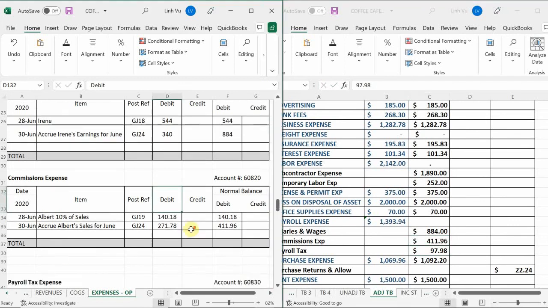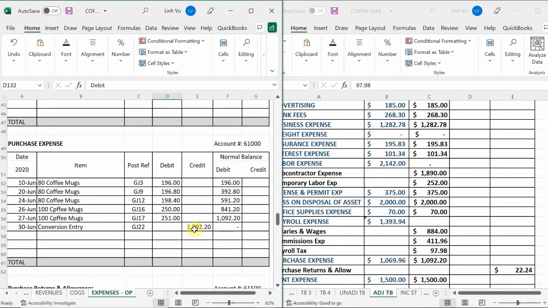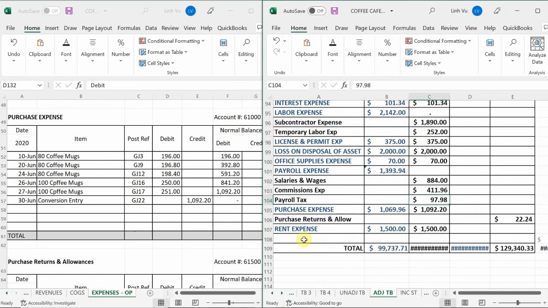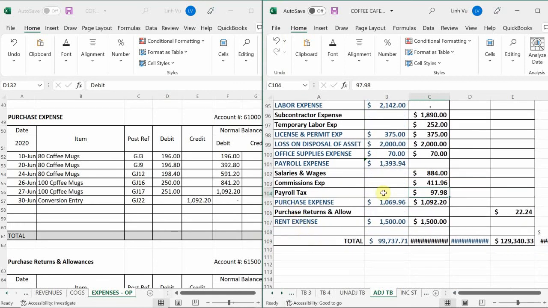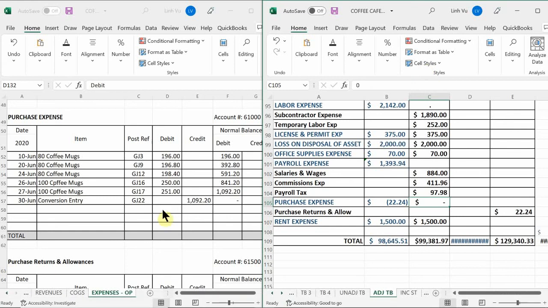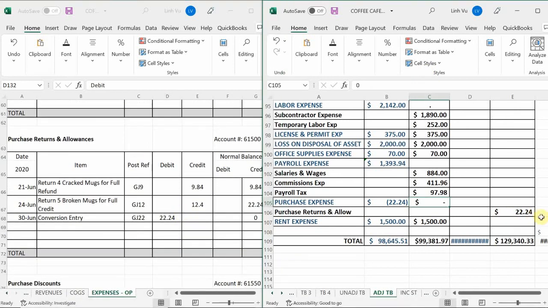My payroll taxes is still $97.98. My purchase expense, right? Because I did my conversion, I have nothing in there. And because my purchase expense also includes my purchase returns and allowances, I also have nothing in my purchase returns and allowances.